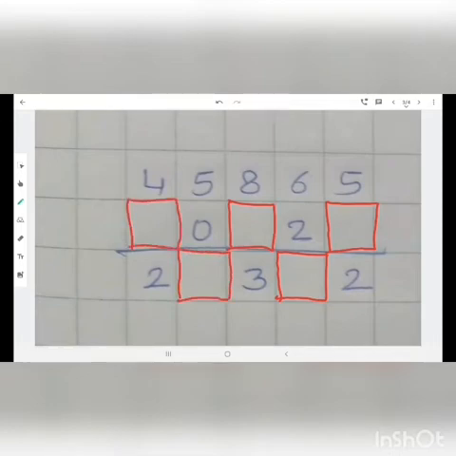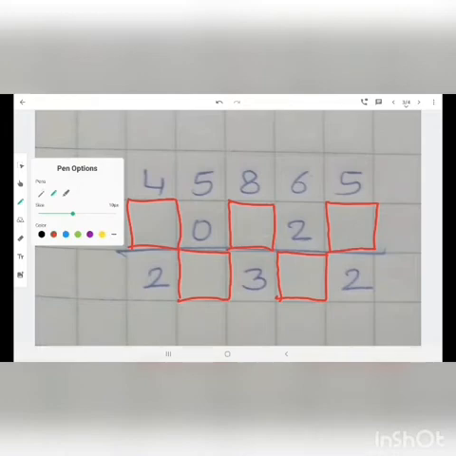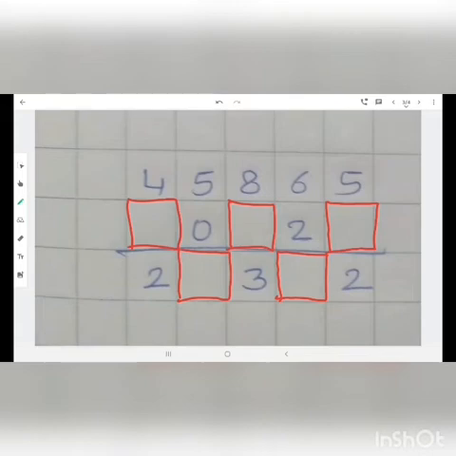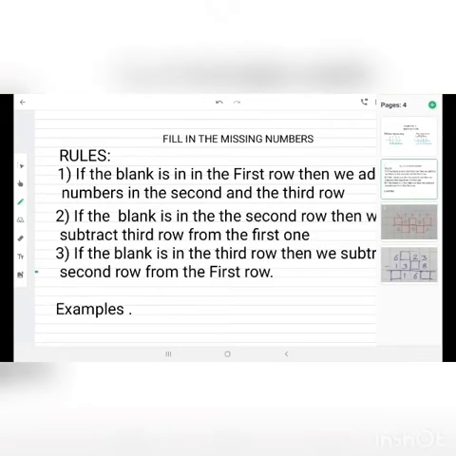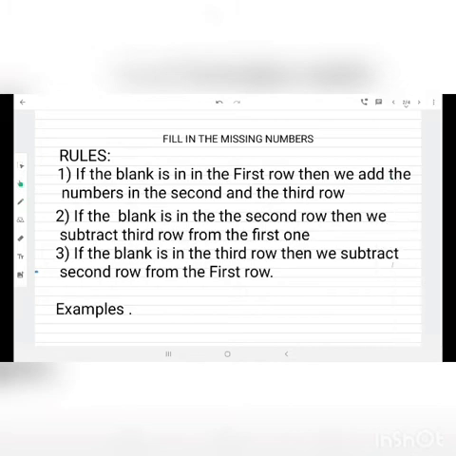So these are the blanks which we will be filling up. Let us understand this. 5. Now if you could recall, if the blank is in the second row, then what do we do? We subtract the third row from the first one.